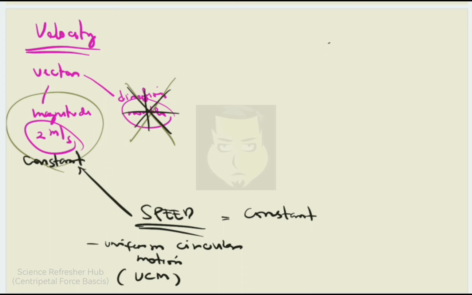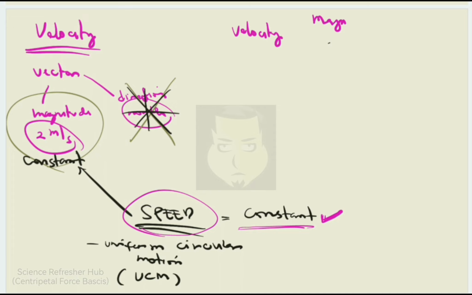So no direction, it will become the speed, and it's constant along the rotation. In this case, this is the only variable that is constant in a uniform circular motion.